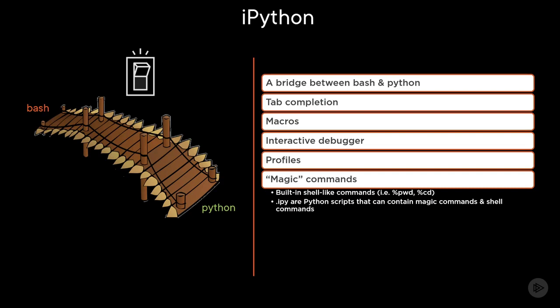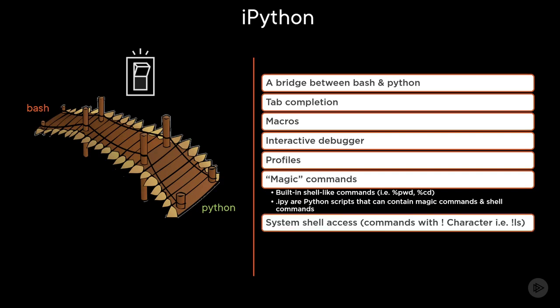You can run those from IPython, and within those .ipy files, you can have magic commands, and you can also have shell commands in those scripts. So with your .py files, you don't have that capability to be able to run those magic commands or those shell commands. So that's another enhancement that you get with IPython, and another way that you're bringing in those magic commands and having a bridge between Bash and Python.